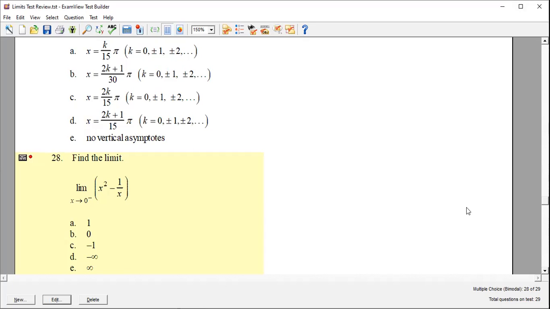I'll put it in my calculator and show you. This is what we have. We want to know the limit as x approaches 0 from the left. So that's this side.